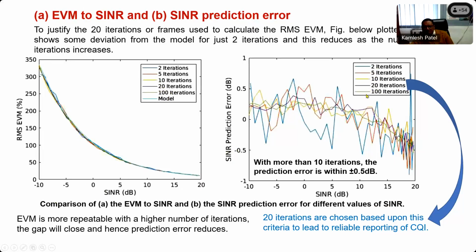For 2, 5, 10, 20, 100 iterations, they checked whether there is variation. If you focus a little bit on this, this light green color is 100 iterations, and the variation here is almost very small. For 20 iterations it is a little larger, but better than the error in the case of 2, 5, and 10. So based on the stability at 20 iterations, 20 iterations were chosen, which leads to reliable reporting of the CQI.